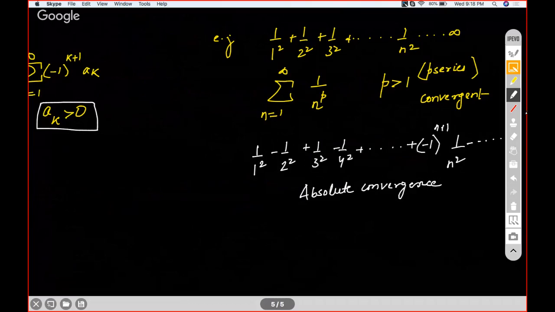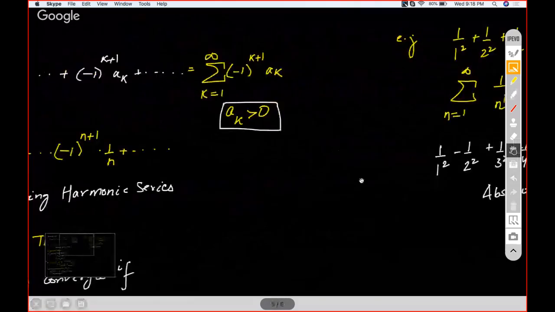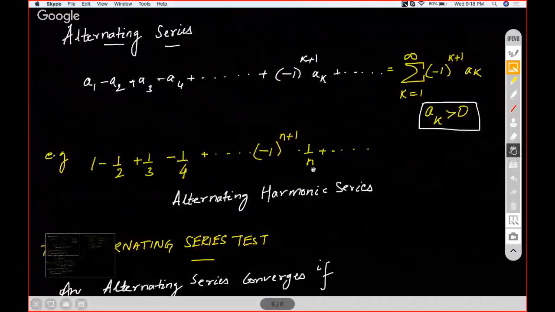Convergence itself can be of two types: it can be absolute, it can be conditional. I'm not questioning its convergence. If this test is satisfied, it is convergent. Now the question may ask you what type of convergence it is. Is it an absolute convergence or is it a conditional convergence?